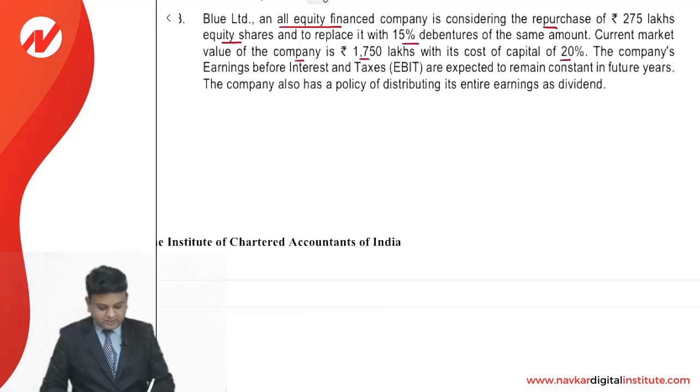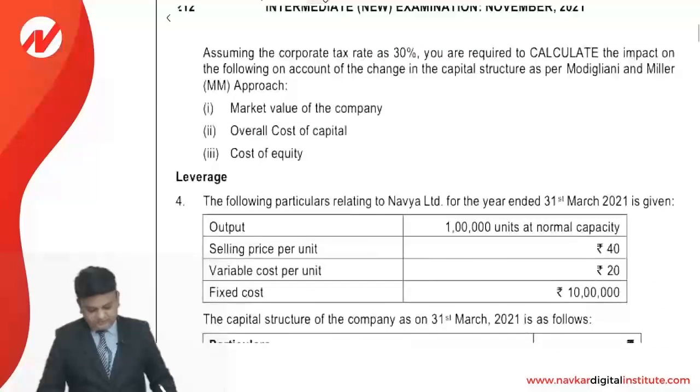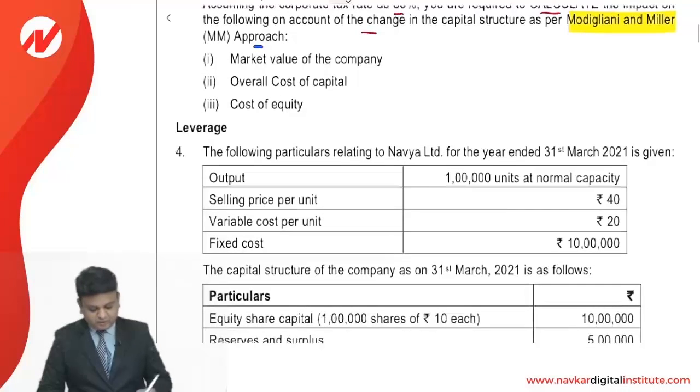The company's operating income is expected to remain constant in future. The company also has a policy of distributing its entire earnings in the form of dividend. Income tax rate is only 30%. Calculate the impact on the following on account of the change in the capital structure as per the Modigliani and Miller approach.